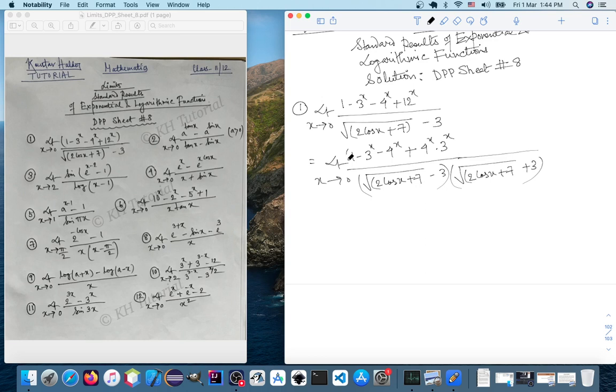So we multiply the conjugate term with both the numerator and the denominator for rationalization.